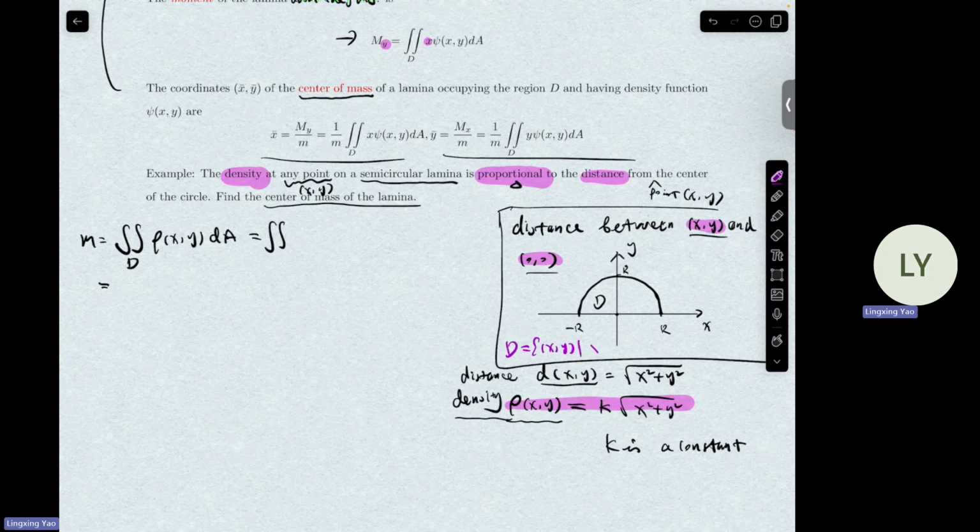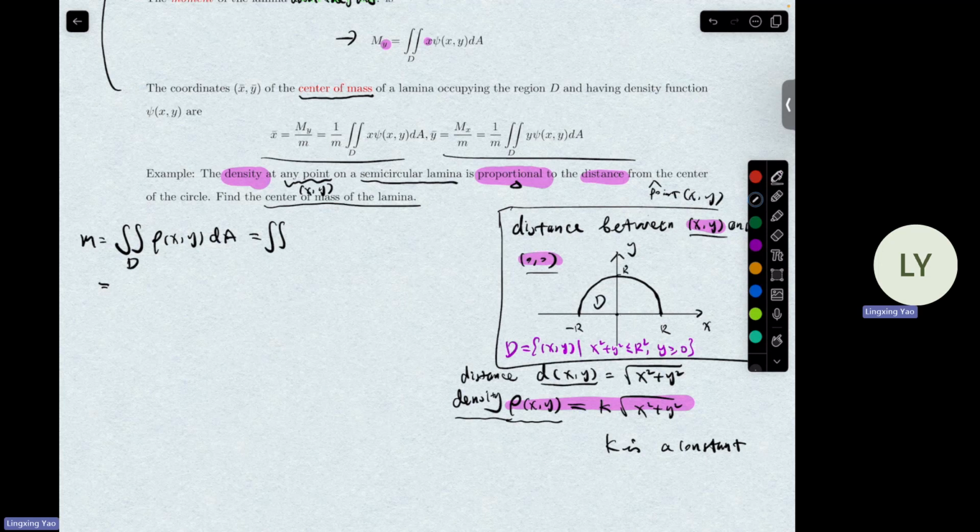Which is x squared plus y squared less than big R squared. Also, because we are only looking at the upper half, we want to restrict our choice of y to be bigger than 0. But this is a little bit awkward. Well, we'll see how we compute it.